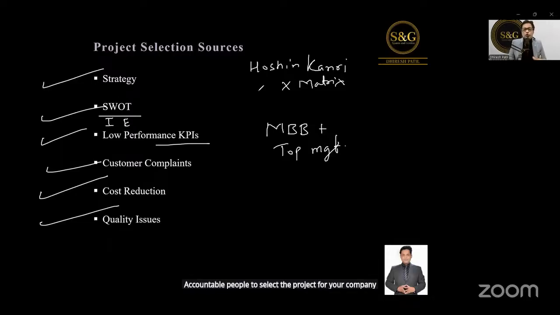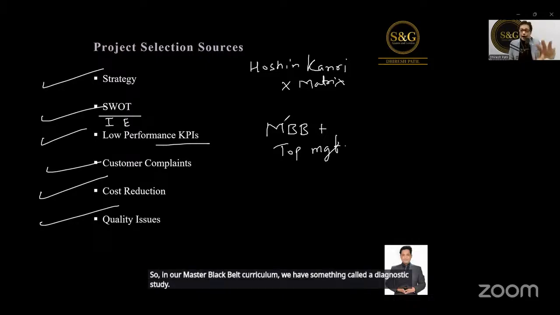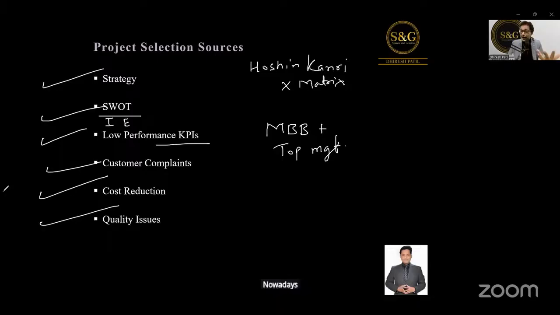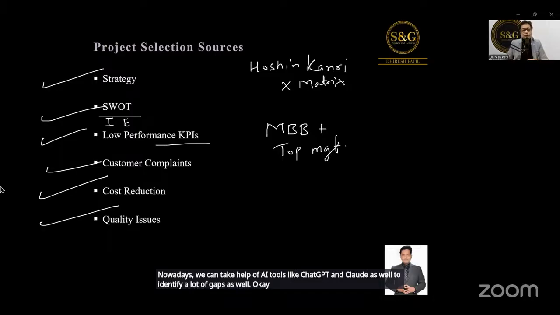In our Master Black Belt curriculum we have something called a diagnostic study. If you go through that, you can go to any organization and do a diagnostic study, finding the gaps and opportunities for projects. Nowadays we can also take help of AI tools like ChatGPT and Claude to identify a lot of gaps. So these are some of the sources which can find the projects.